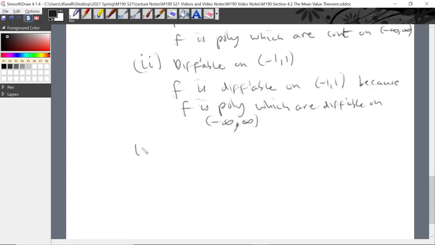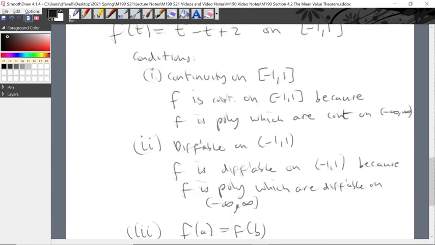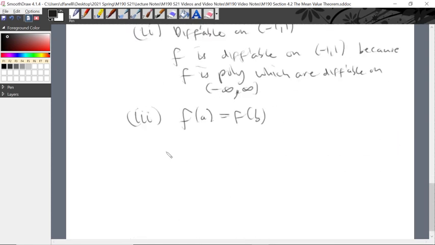Okay, and the third condition for Rolle's theorem: check that f of a is equal to f of b. So we had a is -1, b is +1, and we're dealing with t cubed minus t plus 2. So f of -1 is -1 cubed minus -1 plus 2.